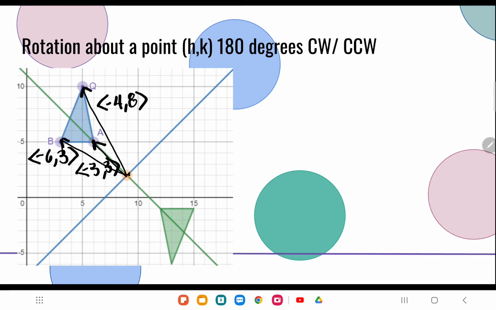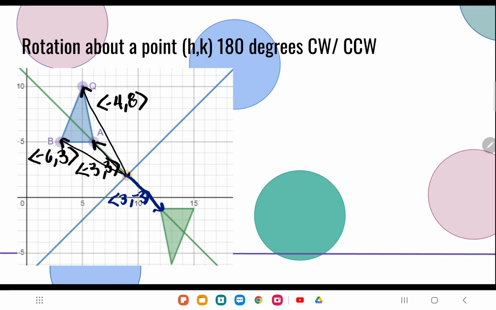I then rotate these vectors using the rule for 180-degree rotation, and I redraw them in the coordinate plane. Here's my vector from the center of rotation to the point A prime, and that's going to go 3, -3. You'll notice that both signs have changed.